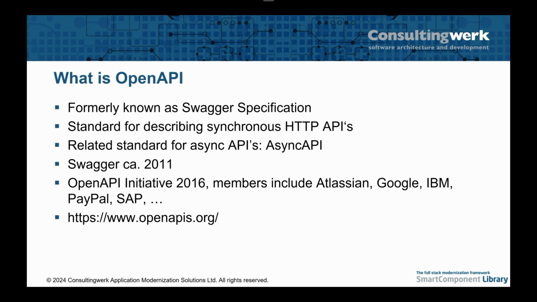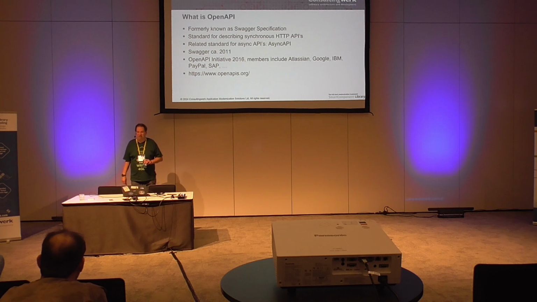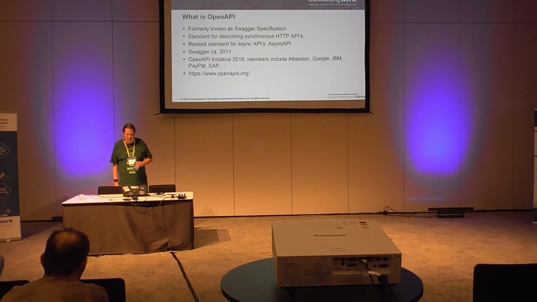If you use Swagger and OpenAPI as interchangeable terms, I'm fine with that. I do that too. Swagger is the older term, and when they formalized the specification a couple of years ago, in 2016, they used the term Swagger for the tooling and OpenAPI for the specification of the data format.